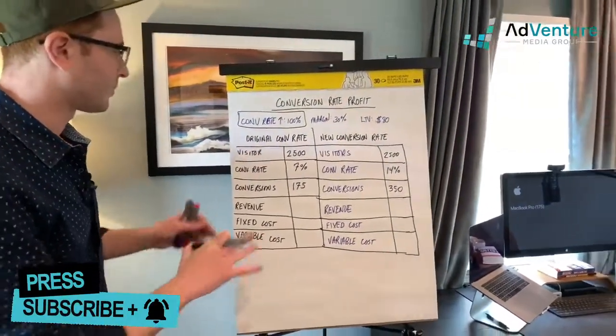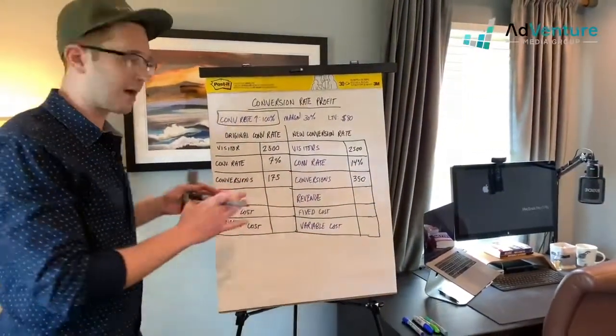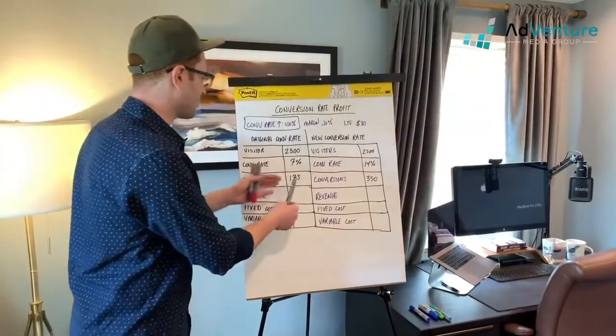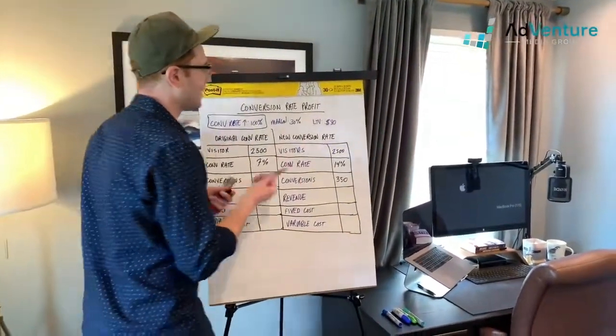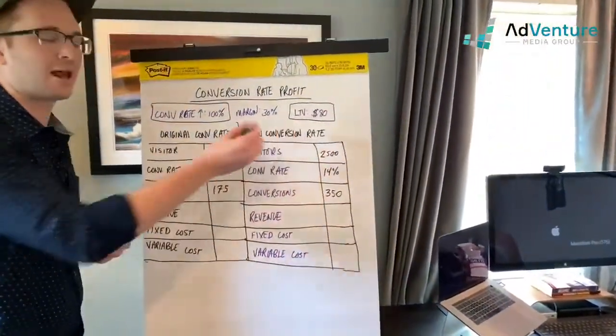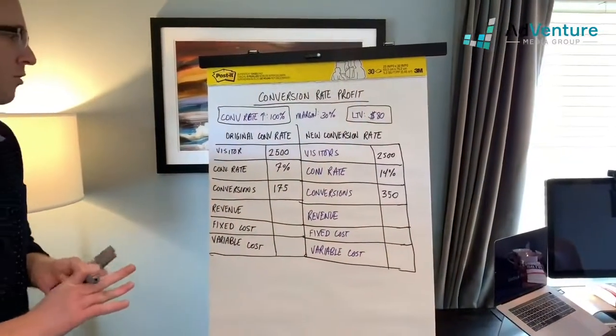Now we're still filling out these metrics here, right? We need to fill out revenue. Revenue is simply taking our conversions and multiplying it by our LTV, $80 in our example. You could use a calculator, or you could ballpark.